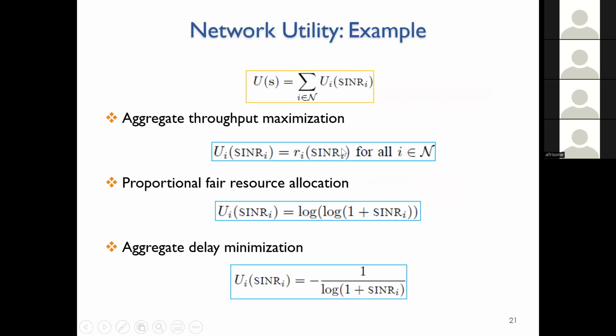It's not necessarily that you are interested in the throughput, but you can also say I'm interested in proportional fairness. Then you will use this log function to impose this criterion. If you say I would like to minimize the delay, then you will use 1 divided by the throughput, which means the delay somehow, and you would like to minimize it. You can define your utility function in the way you like.